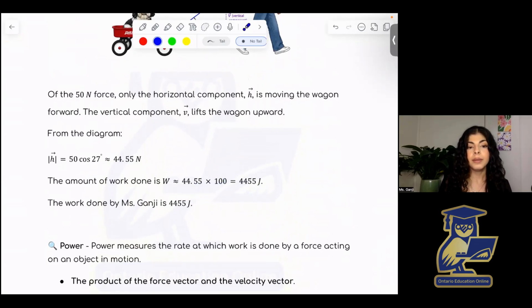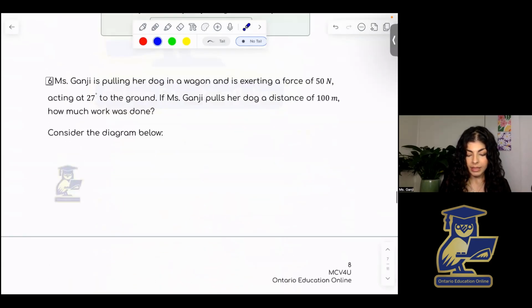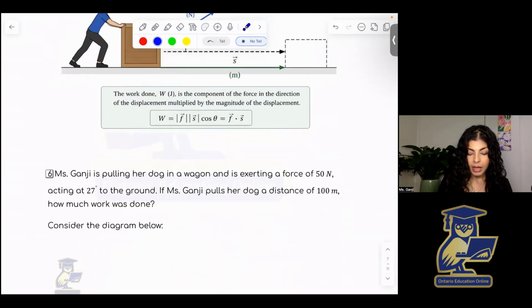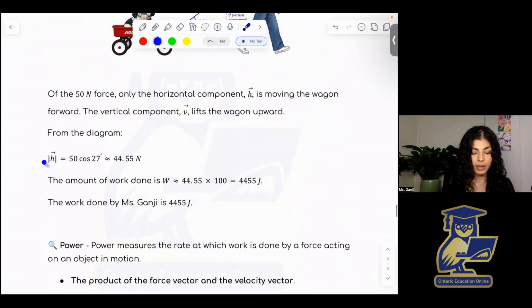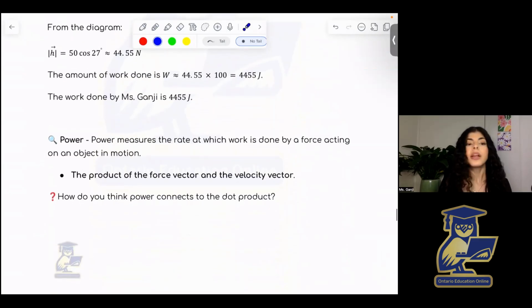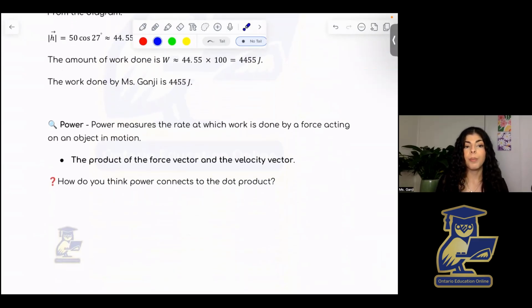So the work done by me is 4,455 joules, which again was the dot product that I got from here. And I already incorporated the cosine here when I found the horizontal component, and that's why here it's just a multiplication.